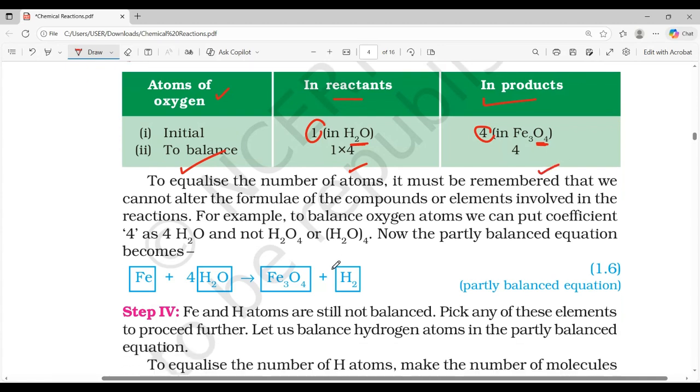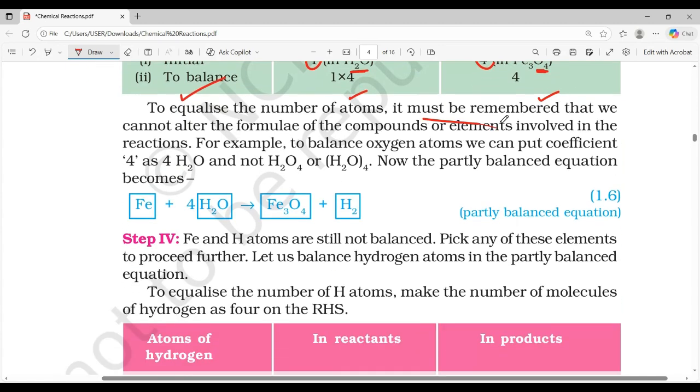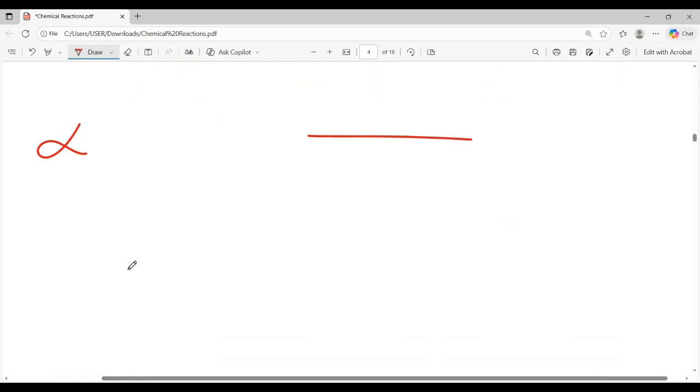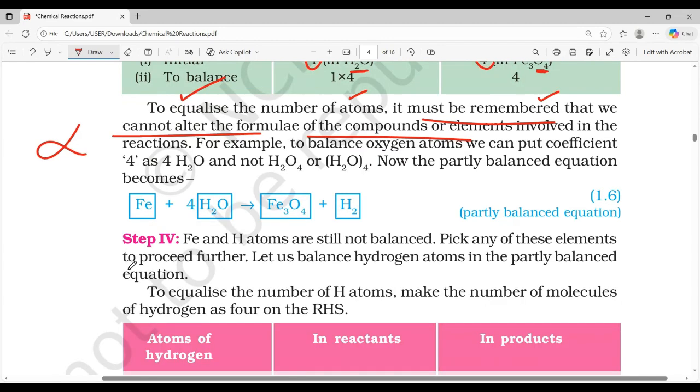To equalize the number of atoms, it must be remembered that we cannot alter the formula of the compounds. It is wrong to alter the formula of the compounds or elements involved in the reactions. For example, to balance oxygen atoms, we can put the coefficient as 4. So 4 has been used as the coefficient.